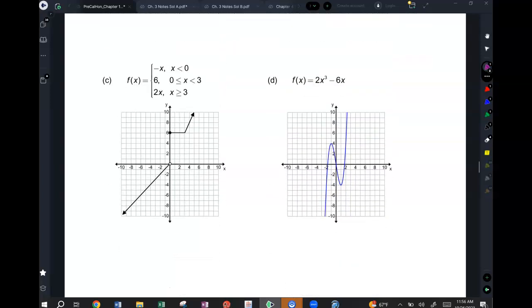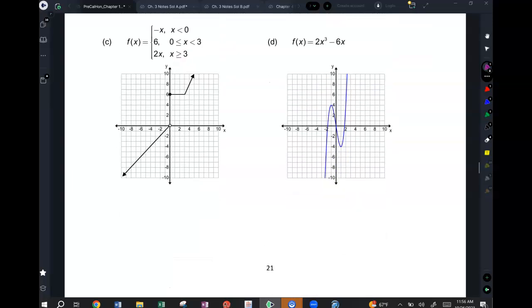Okay, here it's increasing negative infinity to 0 and union 3 to infinity. It's not decreasing anywhere, and it's constant. At 6 to 4. Nope. 0 to 4. 0 to 4.